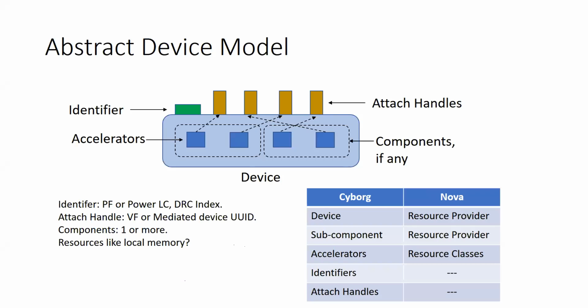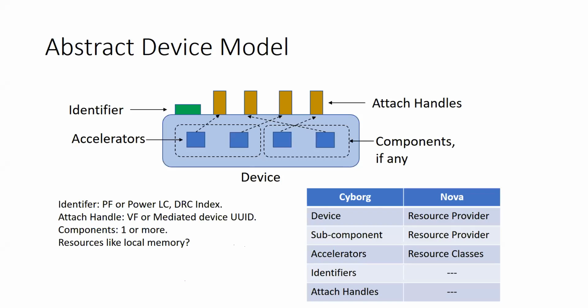And then you got a pool of attach handles, right? These attach handles need not be static. That's where the mediated device part comes in. So when you first discover a device, you may only know how many attach handles it can create, but you may not know what those handles are. But if it's a VF, you'll typically be able to enumerate the number of VFs right up front. You'll already know there are 4 VFs in there or whatever, right?